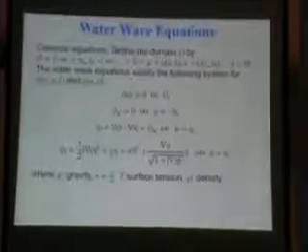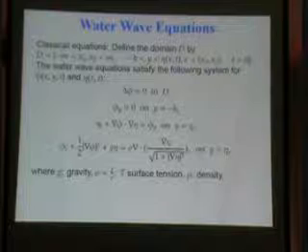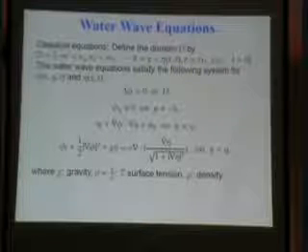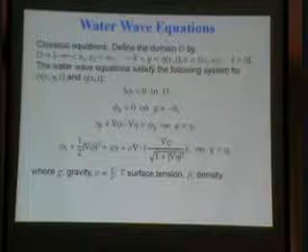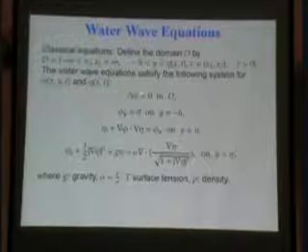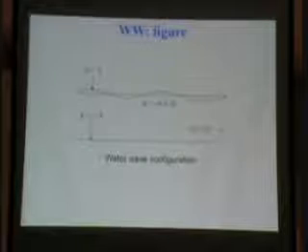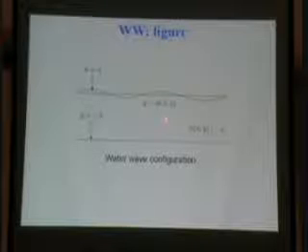So now I'm going to go into a more technical portion of this lecture. I'll talk about water wave equations and a different formulation. The water wave equations are listed here in a domain where you have a free surface, here's your domain, and a rigid bottom.